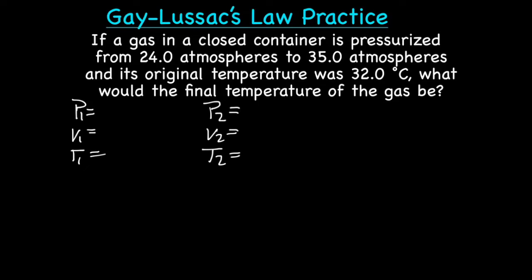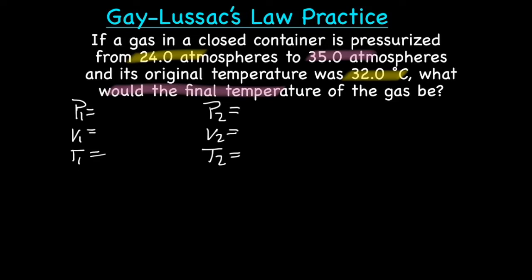If a gas in a closed container is pressurized from 24 atmospheres to 35 atmospheres, it looks like our original pressure is 24, and our new pressure is going to be 35. Its original temperature was 32 degrees Celsius. What would the final temperature be?